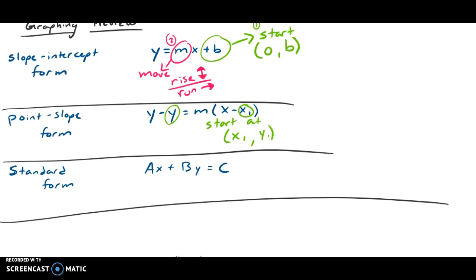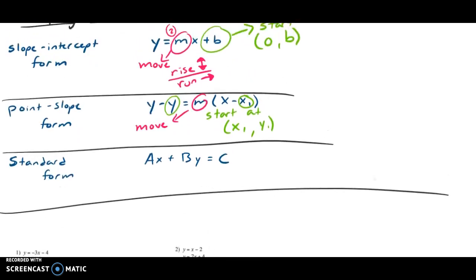And once again, this tells me how many to move, just like in the problem above. And the last one, standard form. You're going to find the x and y intercepts.